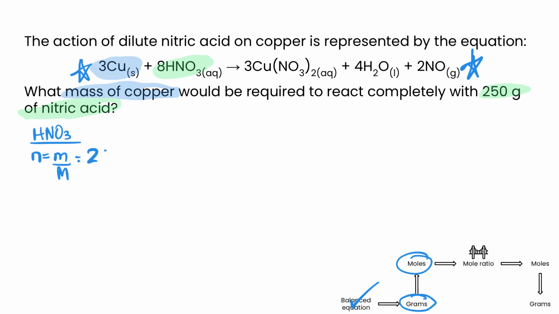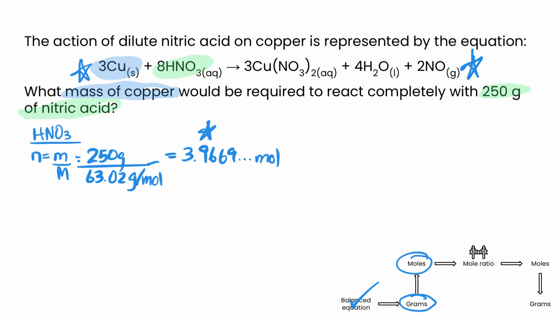We're given 250 grams, and the molar mass of nitric acid is 63.02 grams per mole. Doing that calculation gives us 3.9669, and so on, moles. Do not round off here because if you do, you will end up with rounding off errors and your answer will be incorrect.